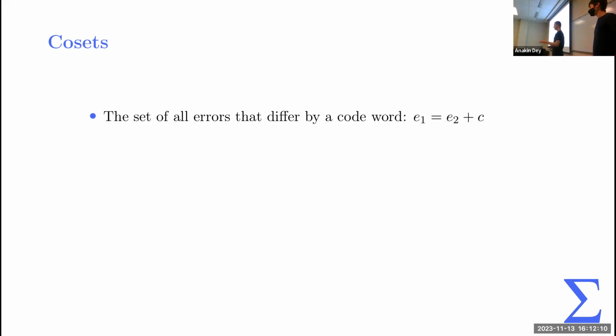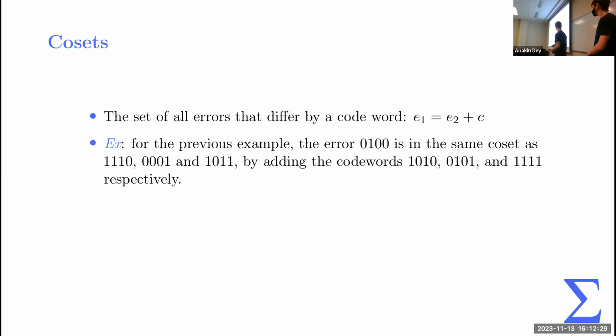So it's just the set of all the errors you get as the remainder when dividing by the generator. All errors that differ by some valid code word. Which is usually not super interesting for cyclic codes, but it has some good properties that we can exploit for burst error correcting codes, specifically for fire codes later on. So for example, we have the error from the last line, the 0, 1, 0, 0.